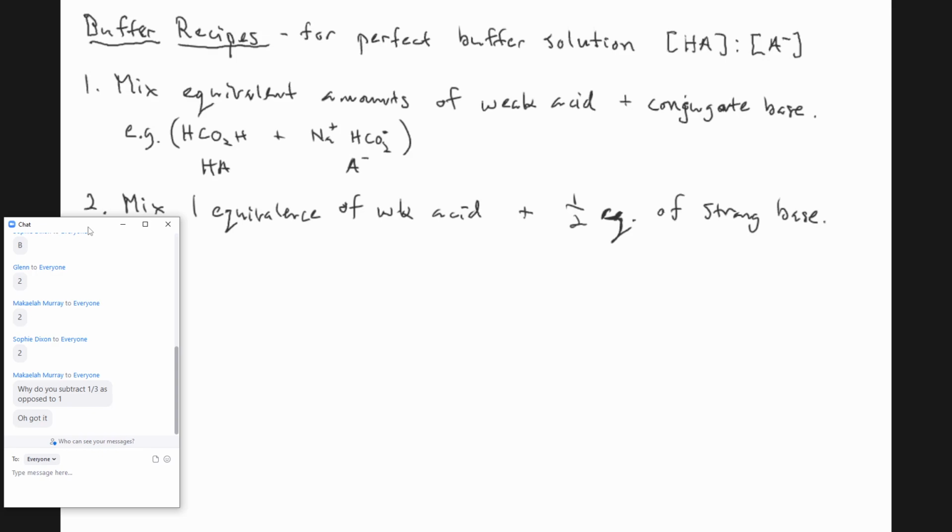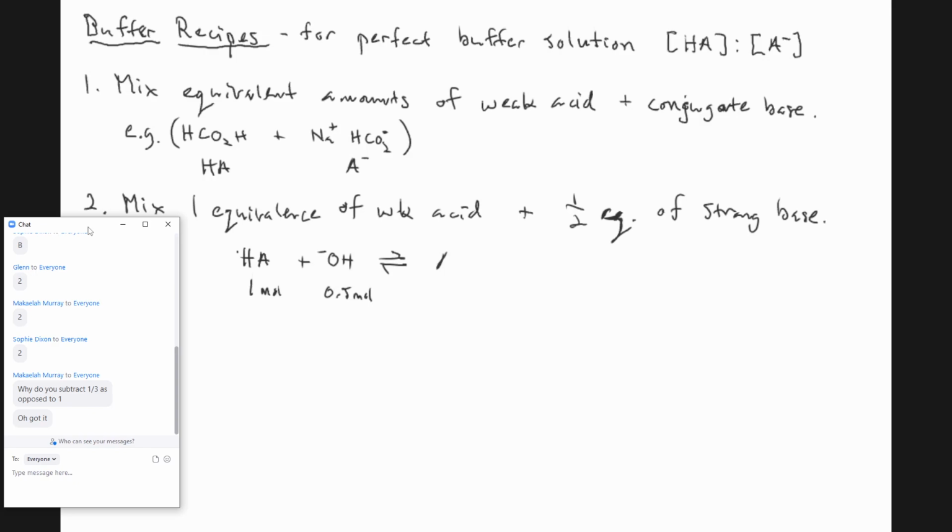So weak acid and a strong base. If you think about it, you start off with 1 mole of weak acid and half a mole of strong base.